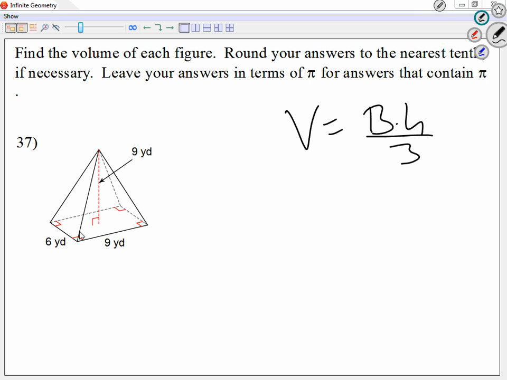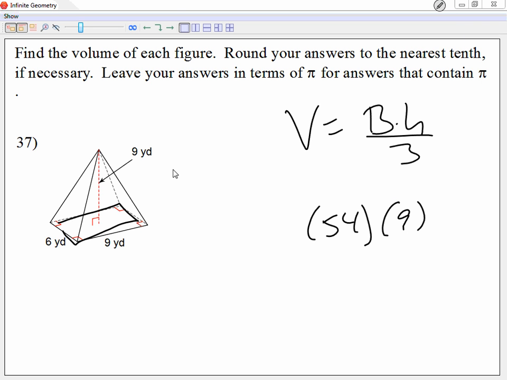So here, the base is a rectangle. It's a 9x6 rectangle. So the area of the base is 54. The height, we can see, is 9. Let me divide this by 3. That gives me 162.